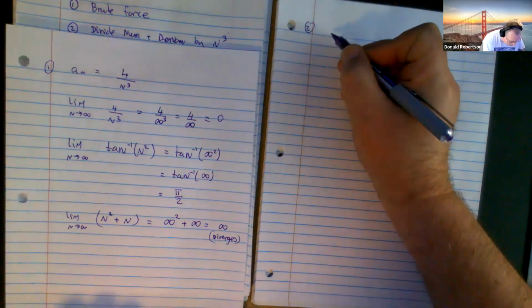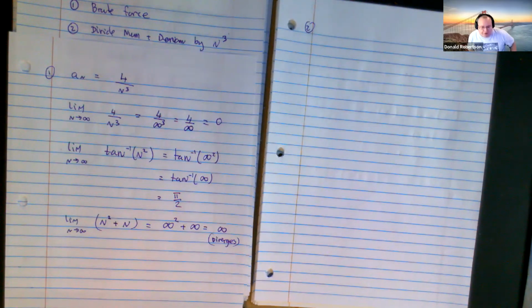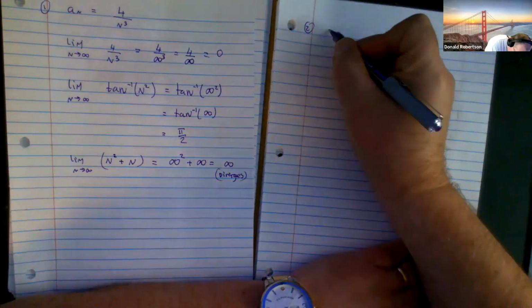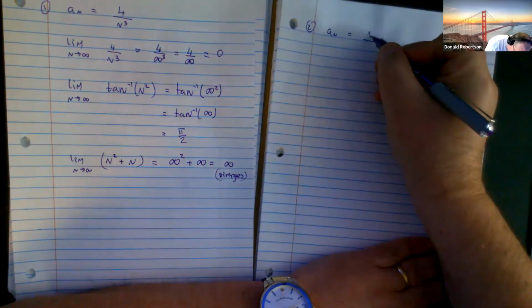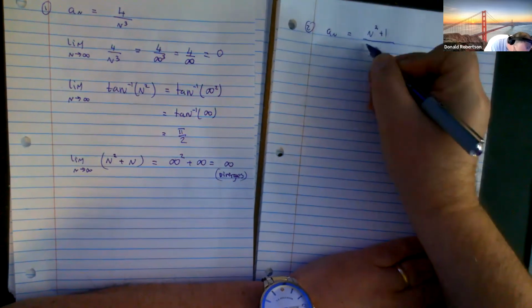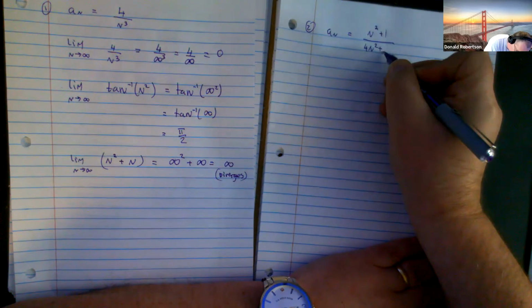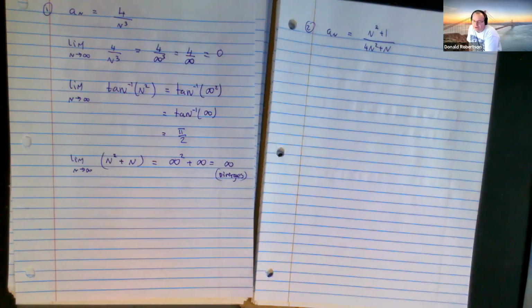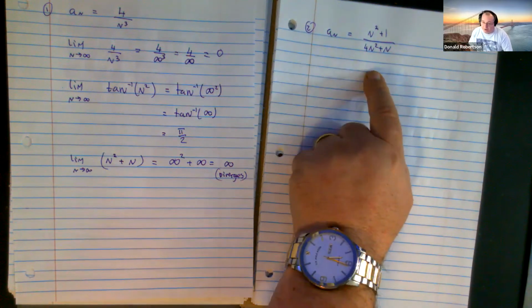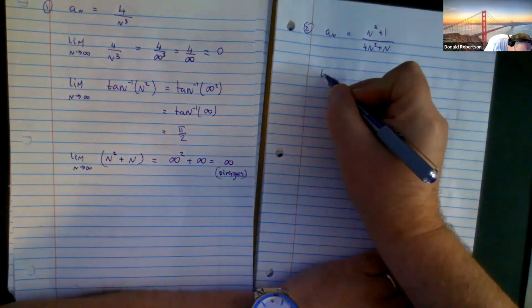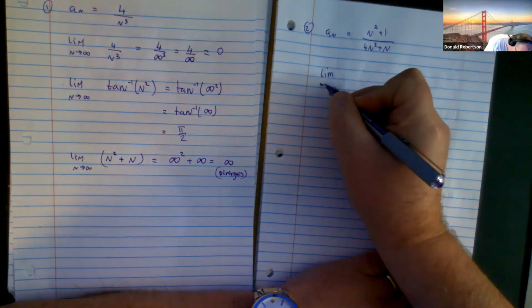Let's do number 2 then, method 2. And that's the one that I've called divide the numerator and denominator by a power of n. Now, you would use it in situations where you have a rational function and the top and bottom are polynomials. So if you get a question that looks like that, a rational function, a fraction function, and the top is full of n cubes and n squareds, and the bottom's full of n cubes and n squareds, things that look like that, you want to find what the limit of that sequence is.